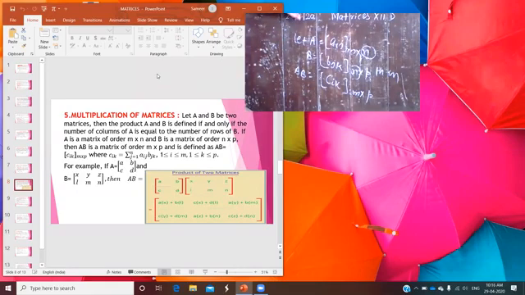But think about how you find the value of C_ik, how it is to be obtained. Just write it here.